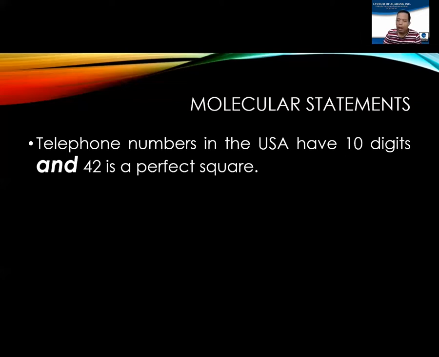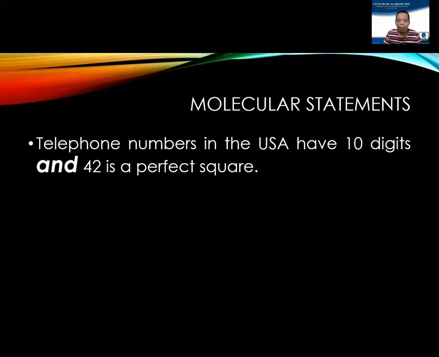So, in this case, we have here an example of a molecular statement. You can build more complicated or more molecular statements out of simpler atomic or molecular statements or propositions using logical connectives.